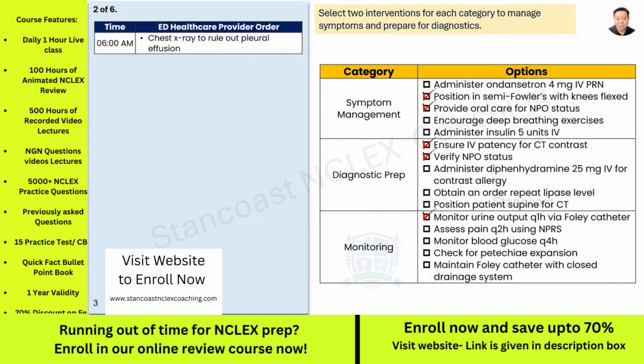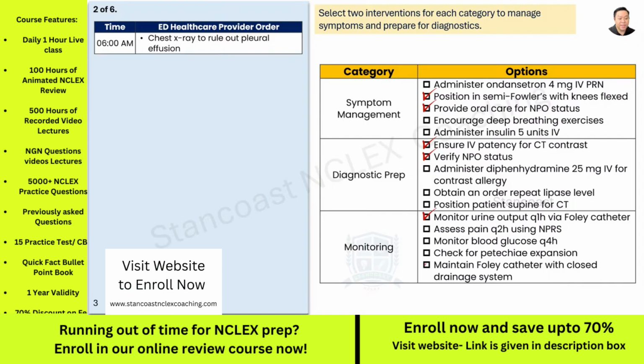Detecting the worsening of the perfusion or the acute kidney injury is very critical here. And documentation and trending are very important for the provider for reference so that they can decide what to do next. Now, what else do we have to check off here?